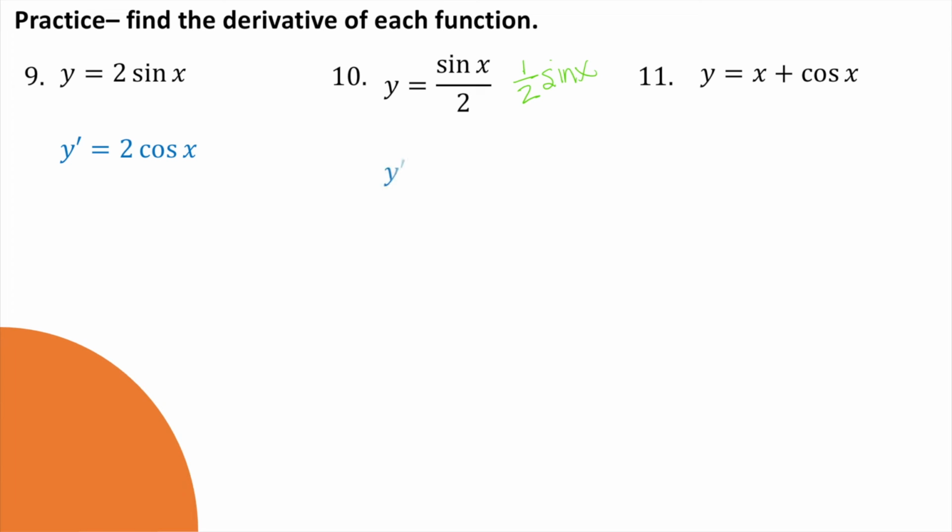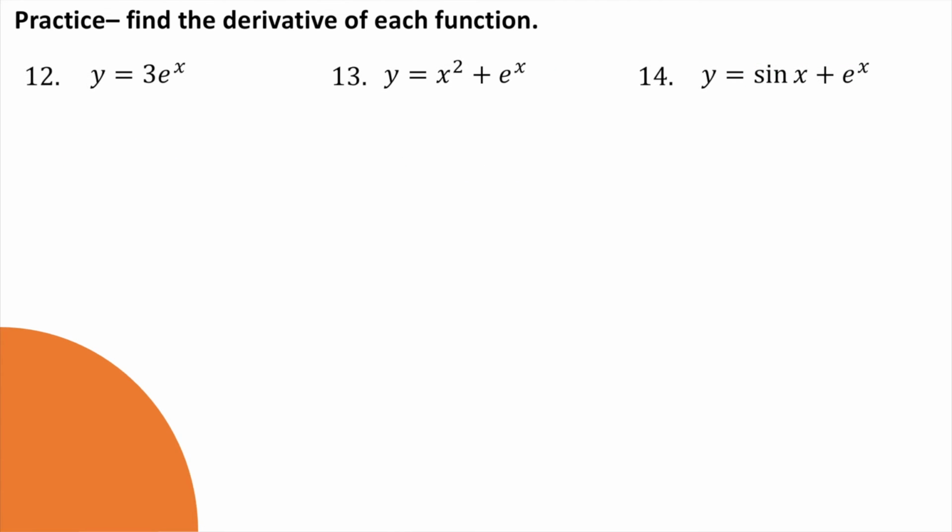So the derivative of that is 1/2 cosine x. X plus cosine x, so we have to take the derivative of each of those separately. So the derivative of x is 1, derivative of cosine x is negative sine x. 3e to the x, the derivative is 3e to the x.